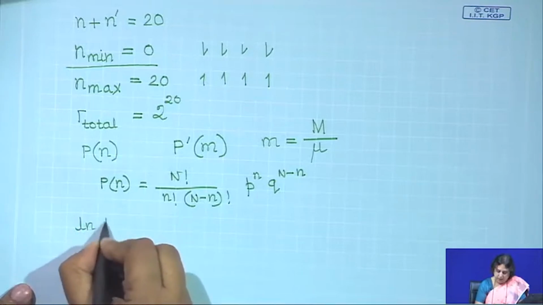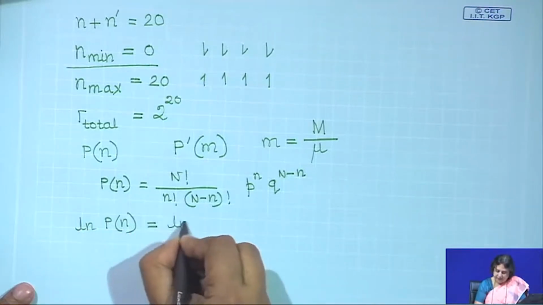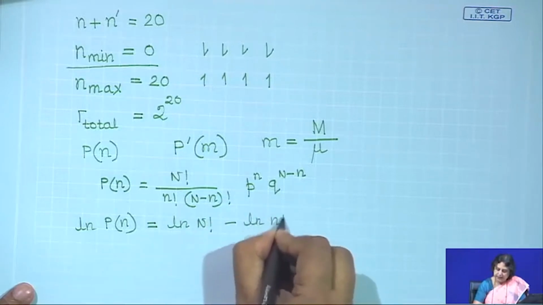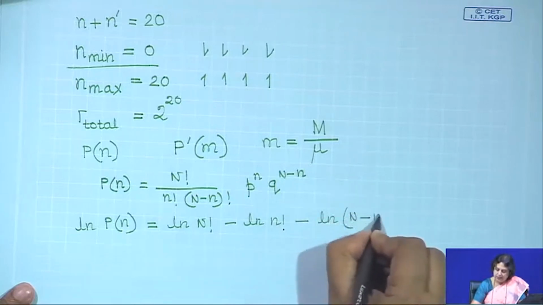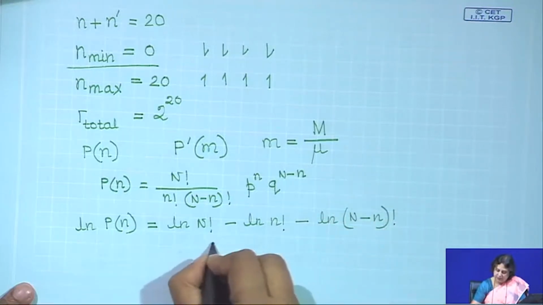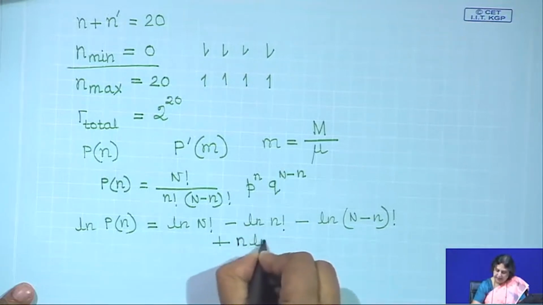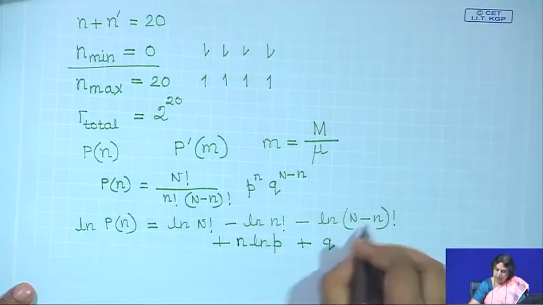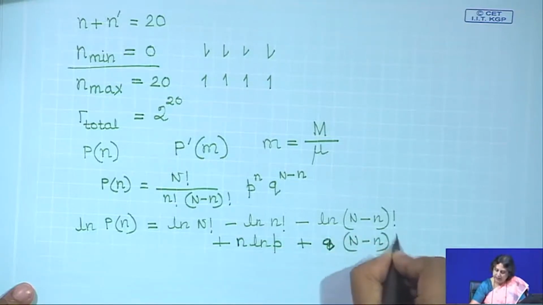If I take a log, then I will have ln N factorial minus ln n factorial minus ln of capital N minus small n factorial, plus n ln p plus capital N minus small n into ln q.